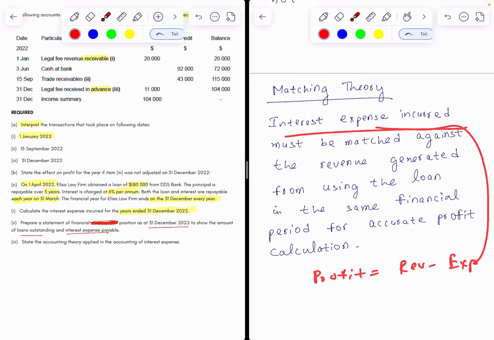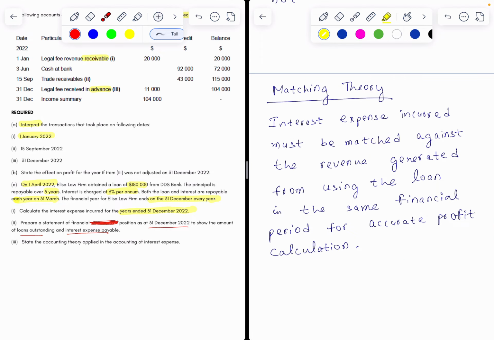And that money that they're going to make from you is the interest expense which you have to incur, right? So this interest expense incurred must be matched against the revenue generated from using the loan in the same financial period for accurate profit calculation. When you're running a business, if you are entering into a long-term loan arrangement of $180,000, it better be for good use. And that good use is obviously to help you generate more revenue in the business, right?